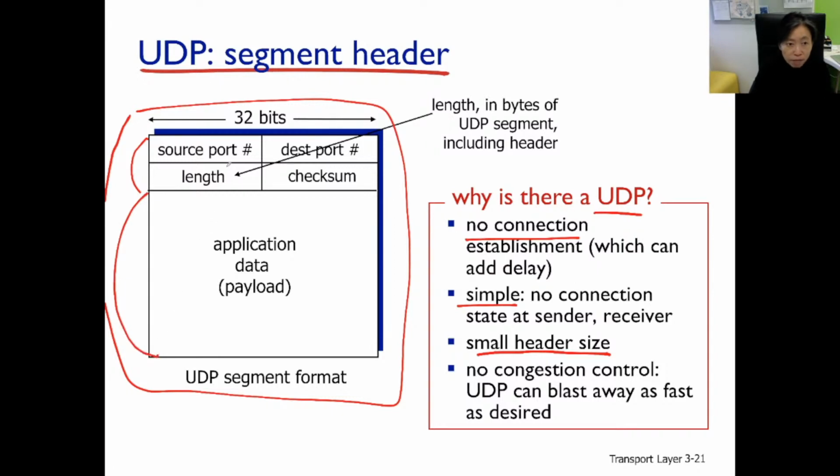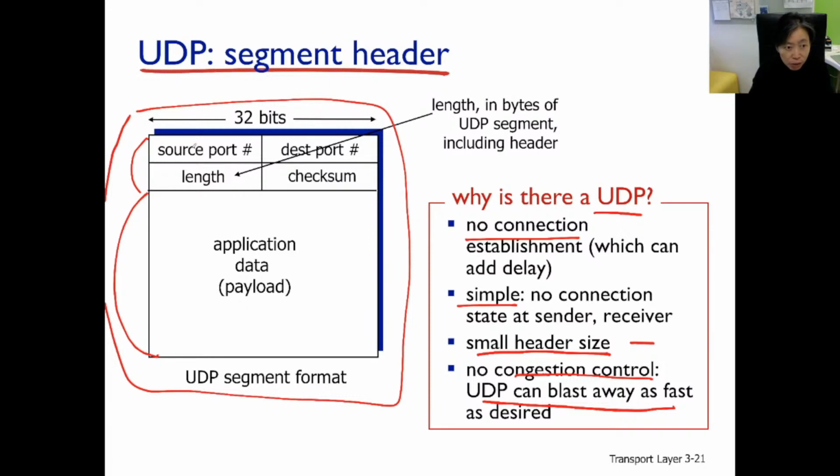The header part is very small, just two 32-bit words, 64 bits altogether, and that is 8 bytes. Very small. There's no congestion control, so you can actually blast into the internet as fast as possible. So these are a few other advantages of people using UDP.